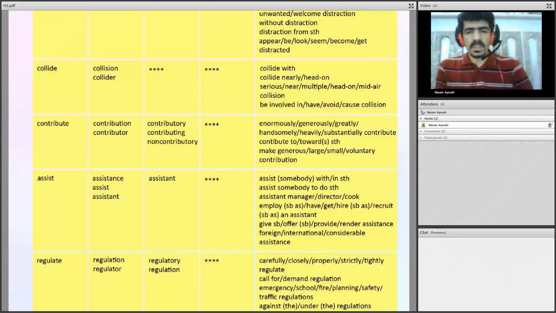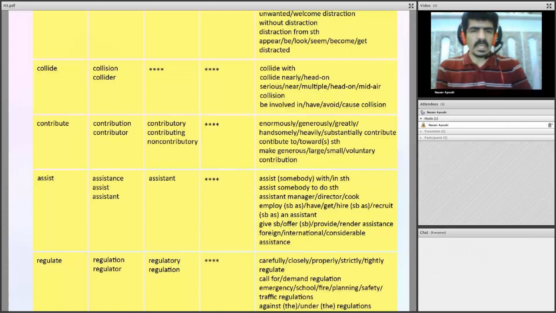Substantially means considerably, noticeably. Handsomely means greatly. For example, generously contribute.